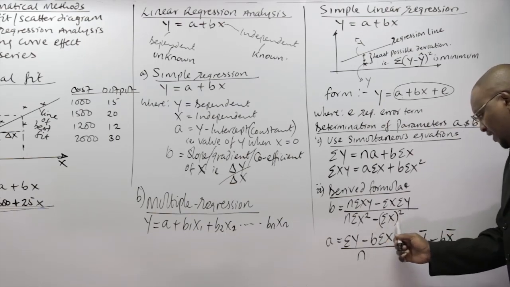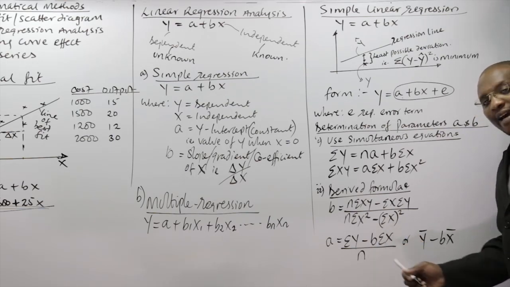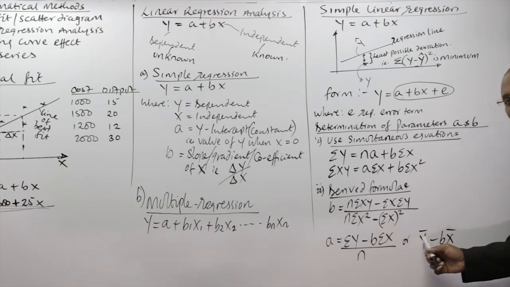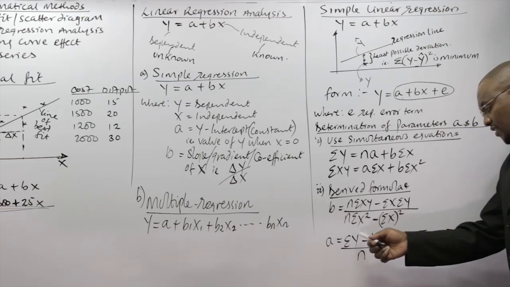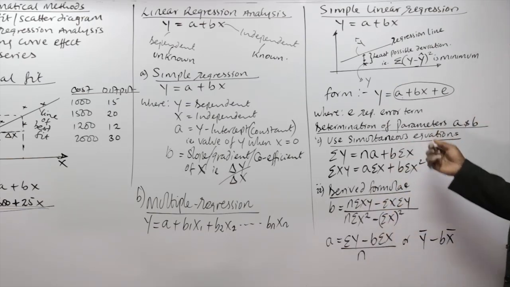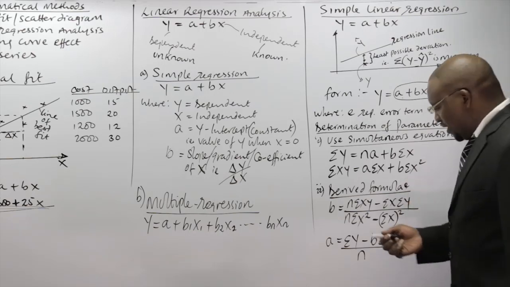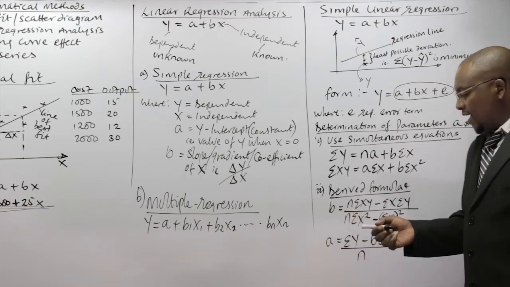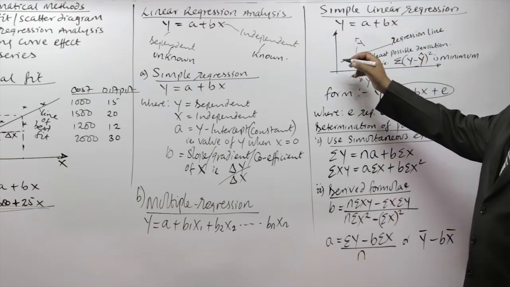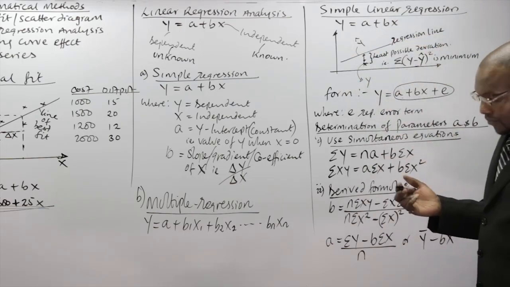Then minus b times x bar, where x divided by n is x bar. So if you have the values which are averages, you can still substitute them here and you get your a. So with these two approaches, either simultaneous equations or derived formulas, we get our a and b parameters, which we substitute in our equation, and that becomes our regression line.